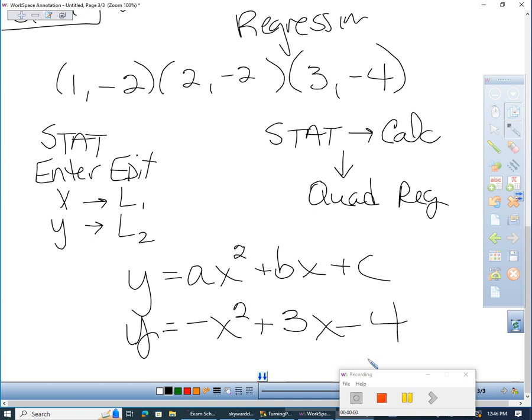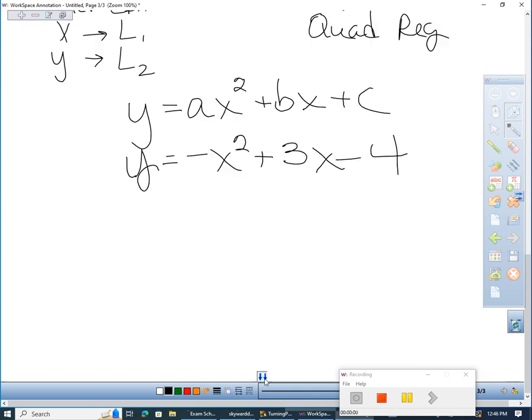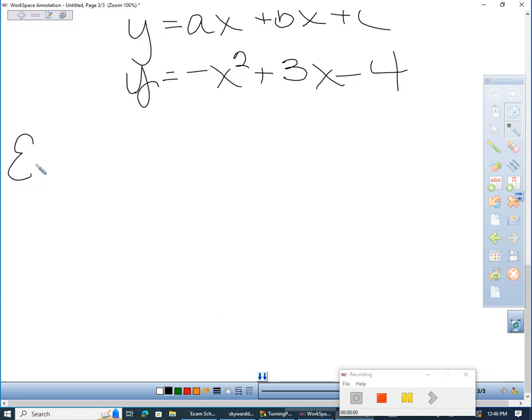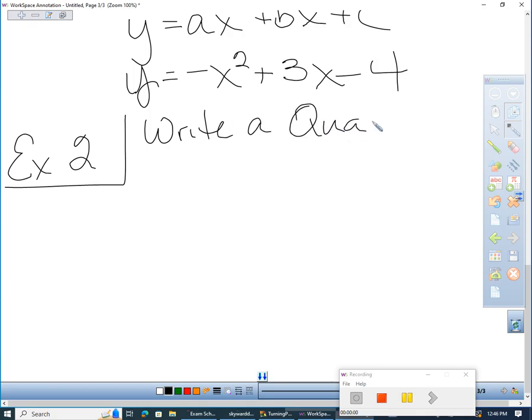Okay. Example number 2. Let's go with a quadratic function.